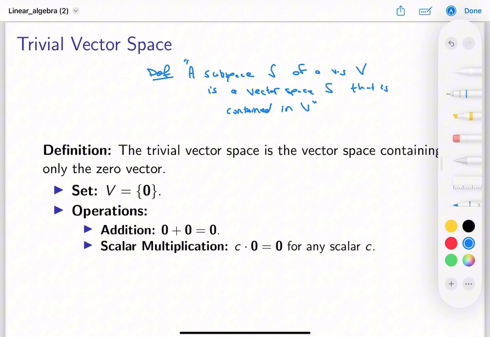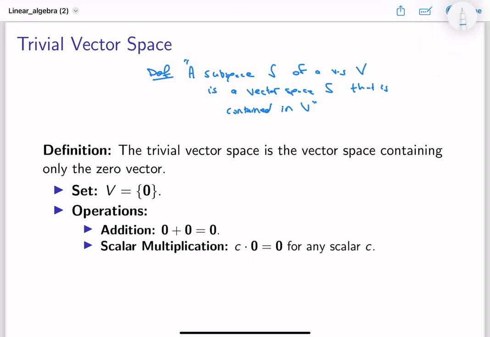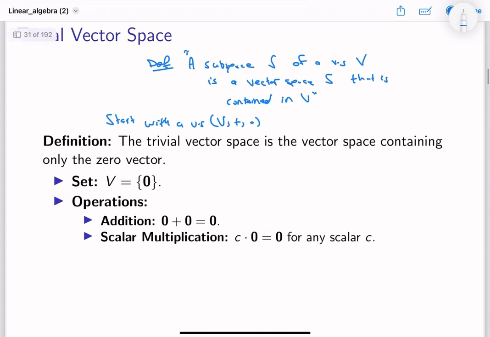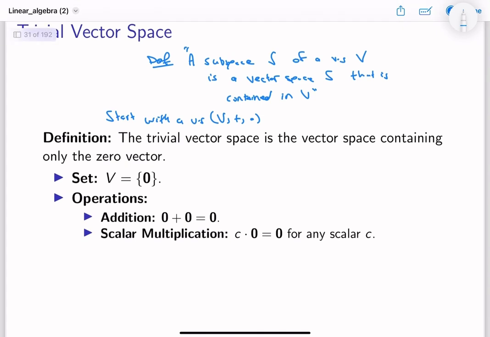So let me start by giving you an example. Let's start with any vector space V, and I remind you this is a set which we equip with two operations, addition and scalar multiplication, and we require some axioms to be satisfied. In every vector space there's what's called an additive identity, right?